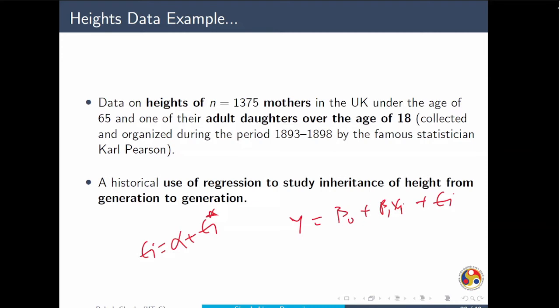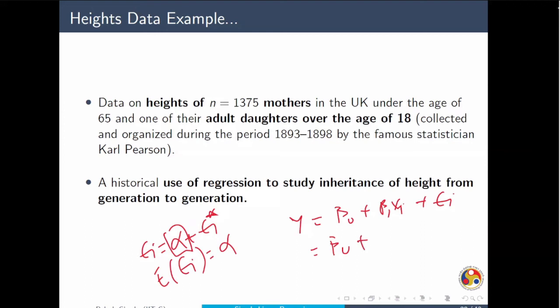So for example, suppose your epsilon is like this. Here the expectation value of epsilon is equal to alpha, so not 0. That is one of the violations.